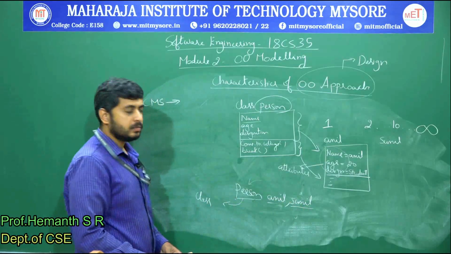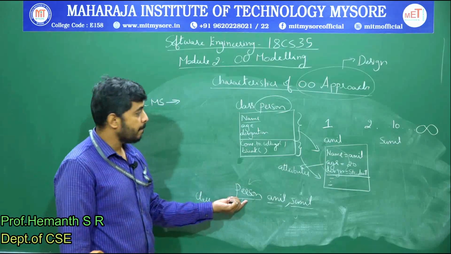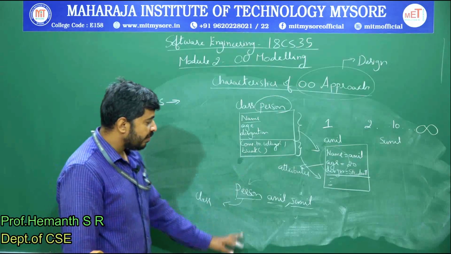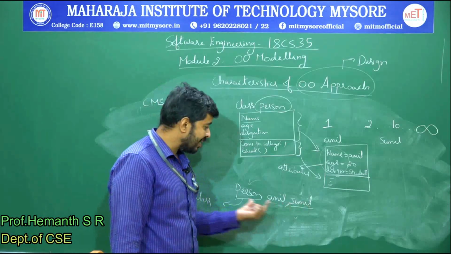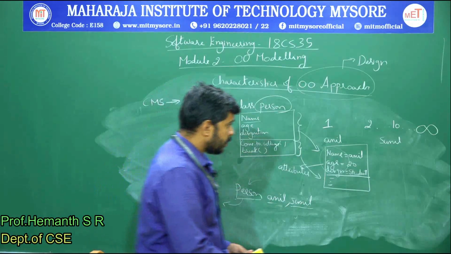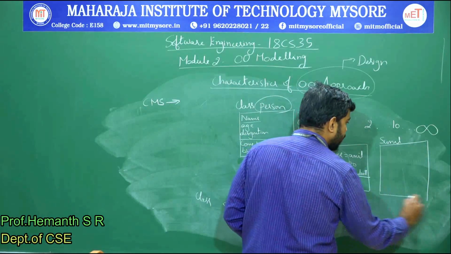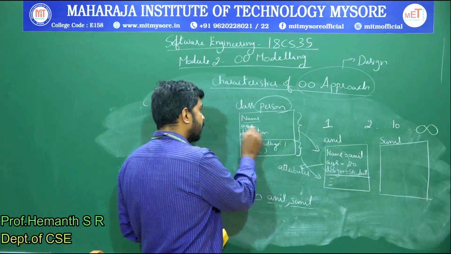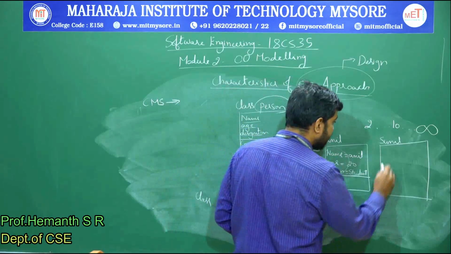Please note, the Sunil object is associated with the class person. So immediately when you specify Sunil as an object of class person, memory will be allocated for this. All the attributes in the class person will be carried to the Sunil object.